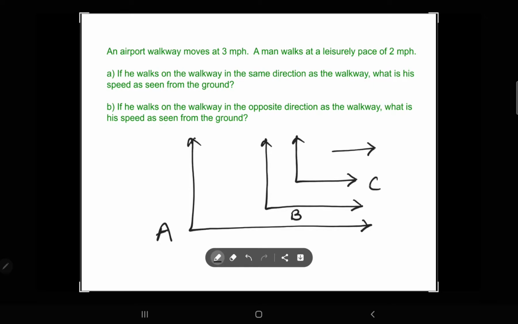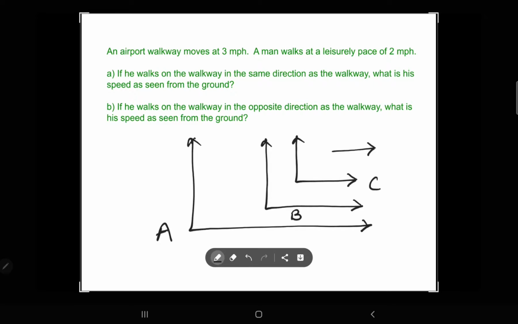The velocity of C will be somehow related to reference frame B, because it is within reference frame B, and B is itself moving with a certain velocity, and within B it is moving. So the velocity of C is related to the velocity of B. This is said to be relative velocity.